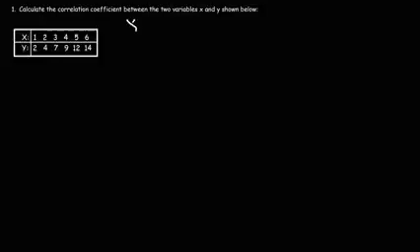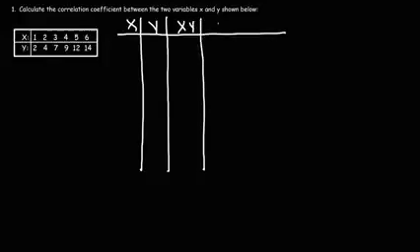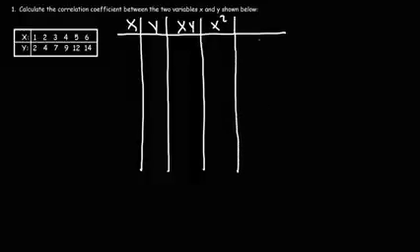Now let's take a minute and calculate the correlation coefficient. So we're going to make a table containing the columns x, y, and then the product xy, and then x squared, followed by y squared.